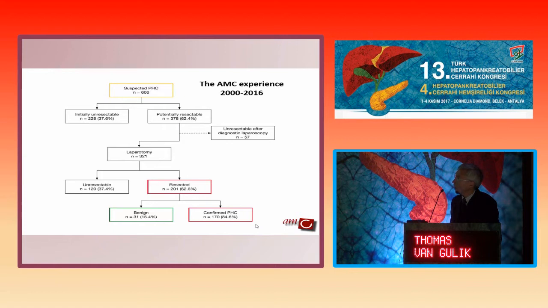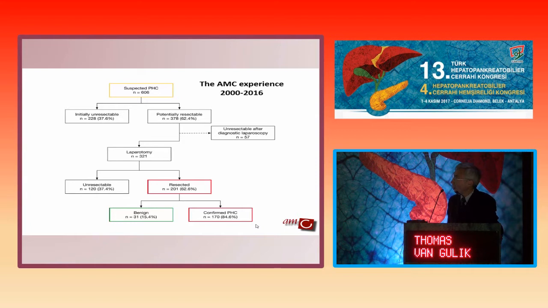And then some 300 go on to laparotomy, of which 2/3 are resected because the other 1/3 appear to have, on your exploration, metastasis or other signs of advanced disease, which precludes an R0 resection.